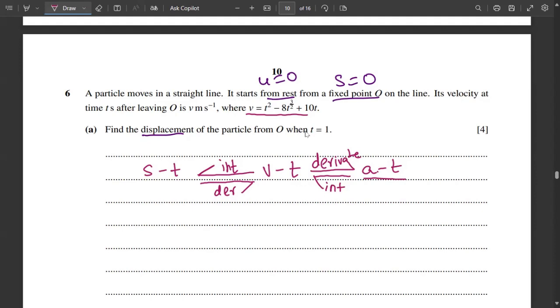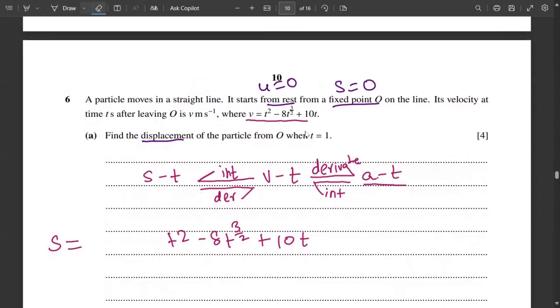Velocity equals t square minus 8t to the power 3 by 2 plus 10t. Now if I want to find the displacement, I will have to integrate the velocity time graph. So the integral of velocity will give me the integral of t square minus 8t^(1/2) plus 10t dt.